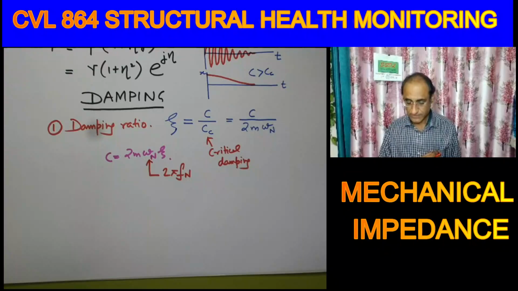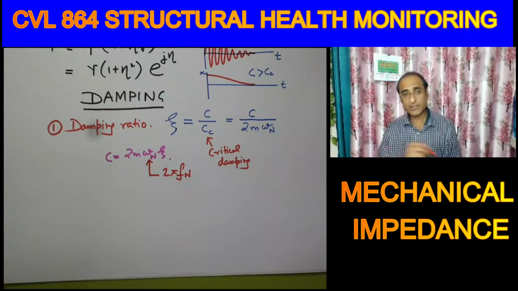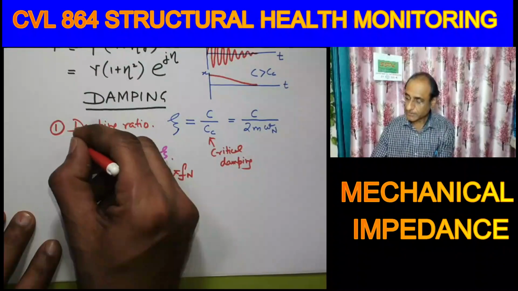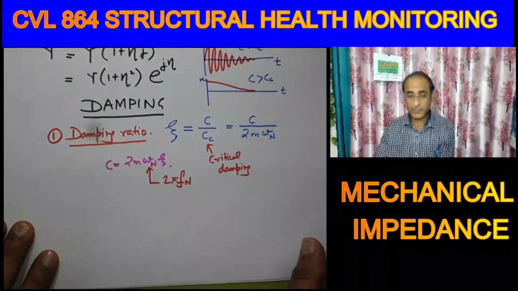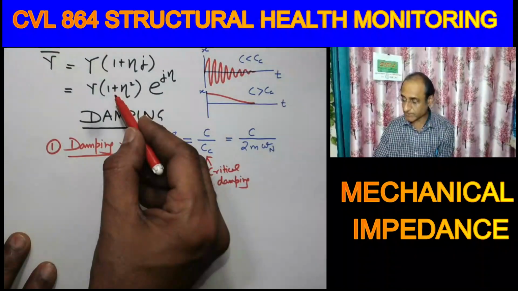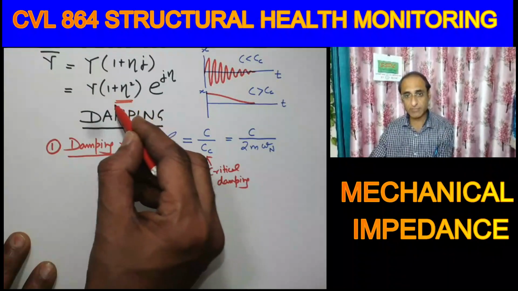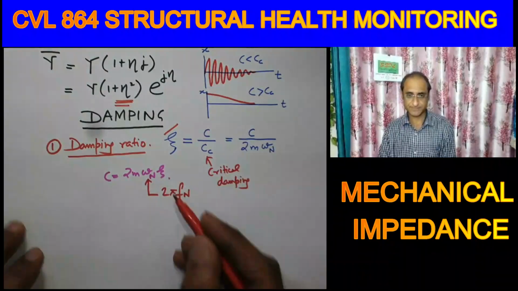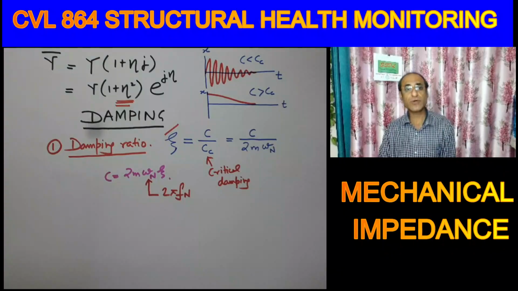So this is one definition of damping. How is this related to the mechanical loss factor? My question is that whether you express it in terms of the mechanical loss factor eta or in terms of the damping ratio, there should be some equivalence. So how are the two related?